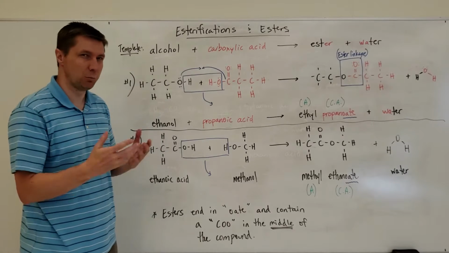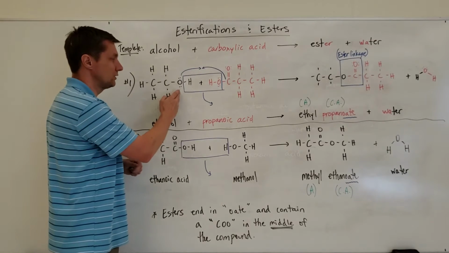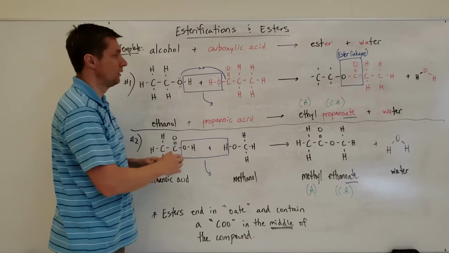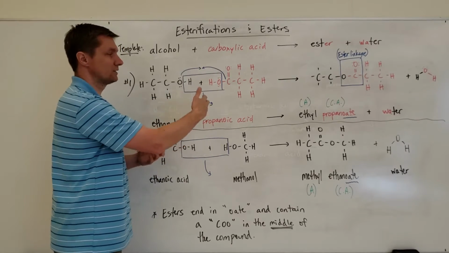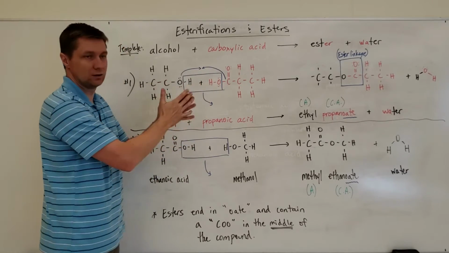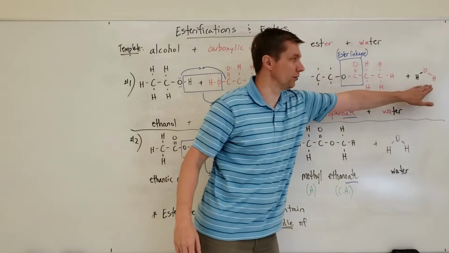So it's important for you to understand that this oxygen here stays on and this oxygen here stays on. This is the oxygen that comes off. It's kind of got an extra one to give, so it gives it off. This OH and this H combine to make the water molecule over here.